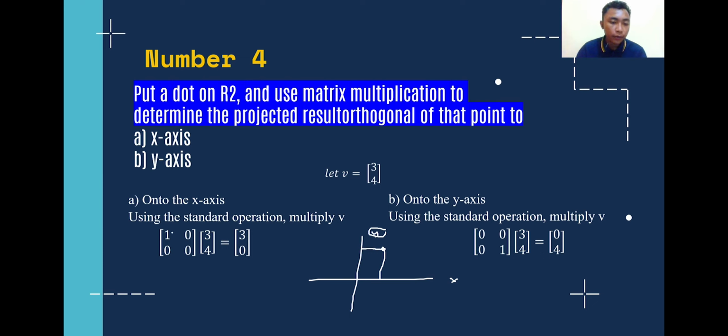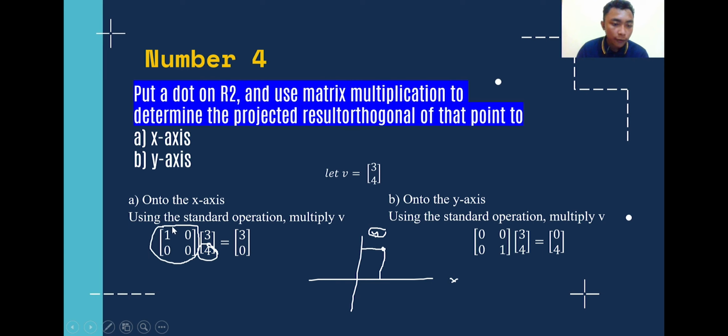So why is the formula like this? Because in the orthogonal projection onto the x-axis, we make the value of y become 0. That's why the formula is like this.